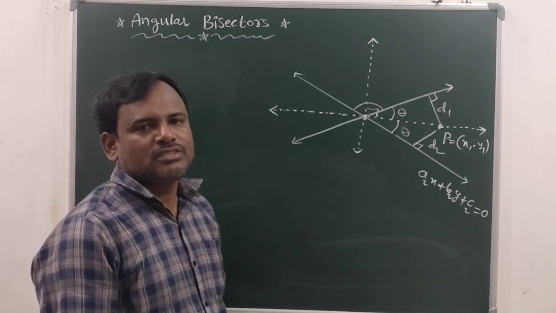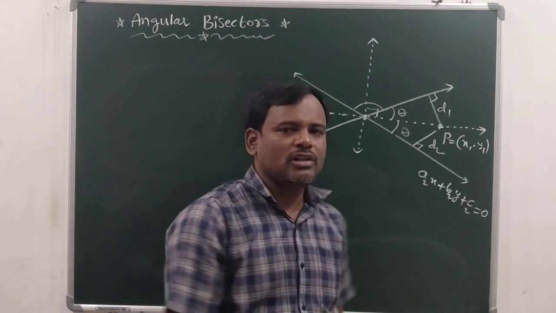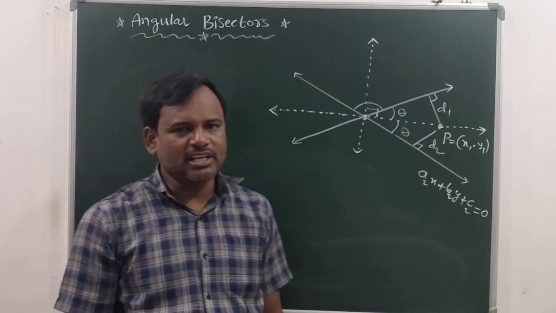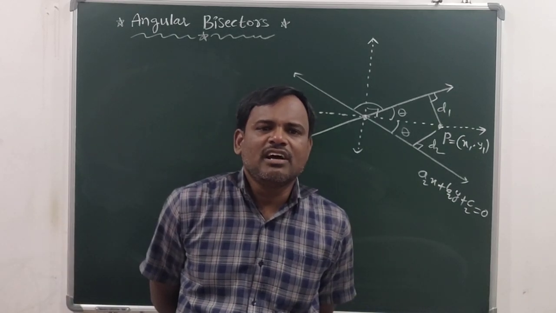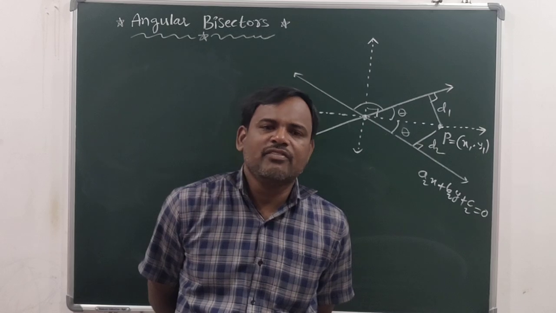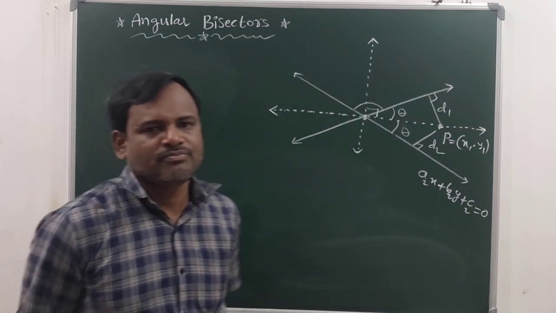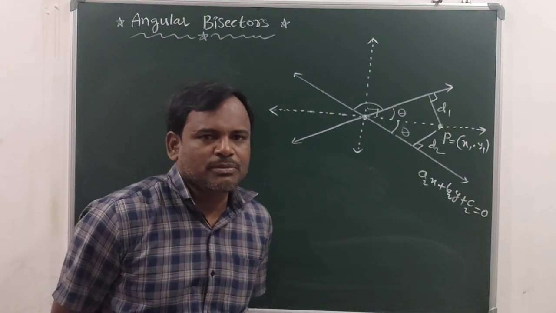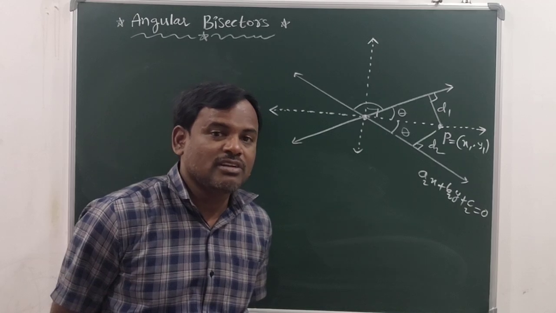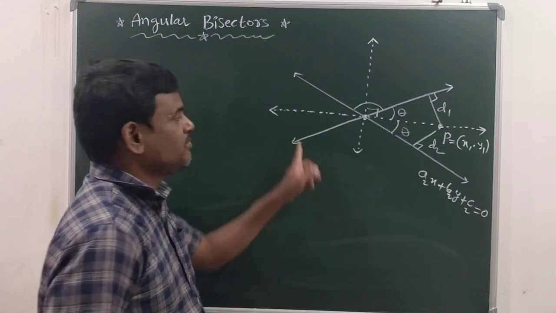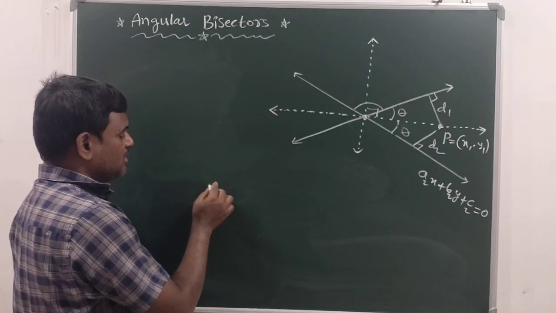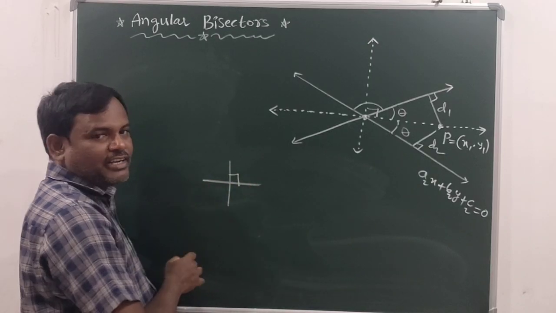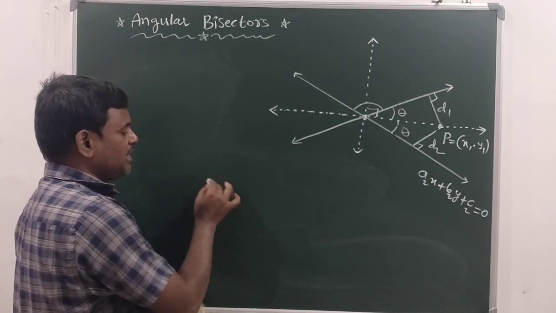Now let us go to the models based on these angular bisectors. In that, the first one is to find the acute angle bisector and find the obtuse angle bisector. So you may ask me, sir, what is meant by acute angle bisector, what is meant by obtuse angle bisector? See, they intersect at 90 degrees to each other, compulsorily.